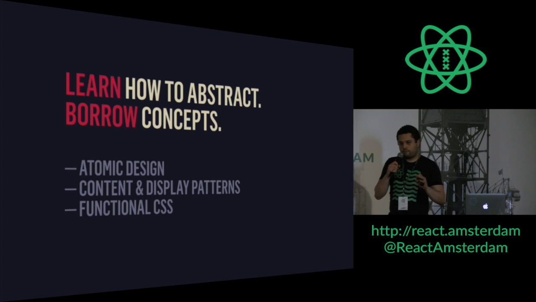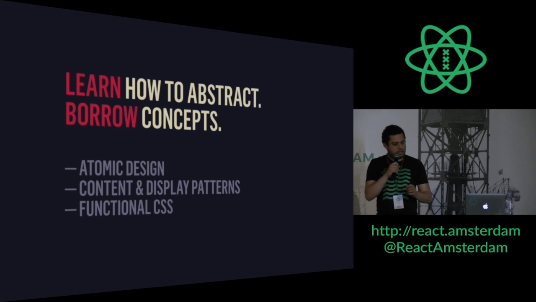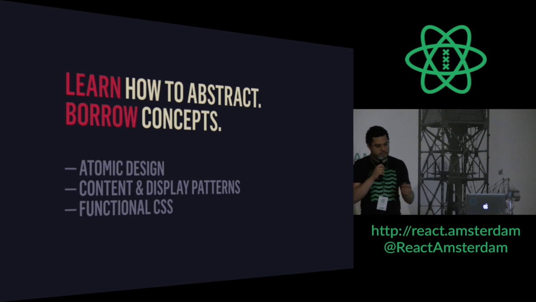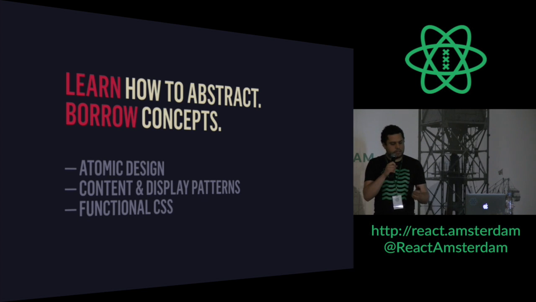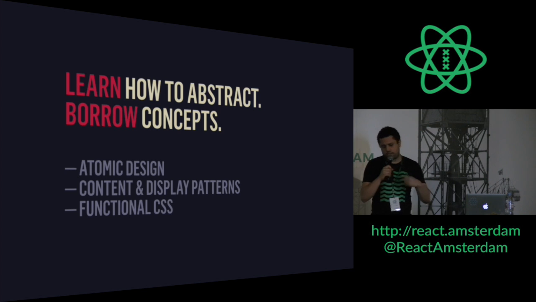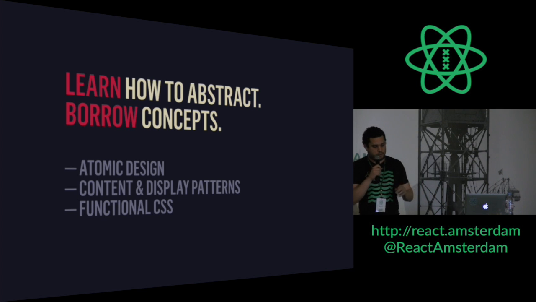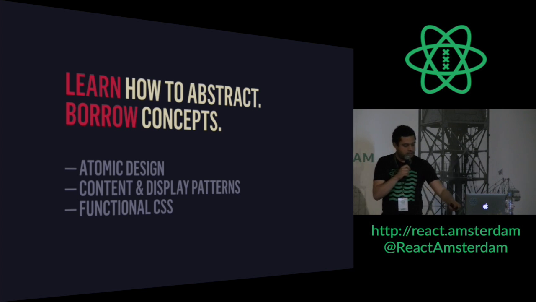There are a lot of good concepts in design systems. So atomic design, there's a good article from Dan Mao about content and display path, and also functional CSS. Like I said, there are links in the end of the slides. But yes, definitely we can borrow some good concepts from a lot of places.